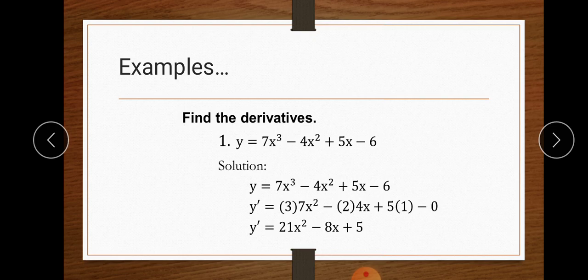The derivative is 3 times 7x squared minus 2 times 4x plus 5 times 1 minus 0. By simplifying, we have the derivative 21x squared minus 8x plus 5. And this is the derivative of example number 1.